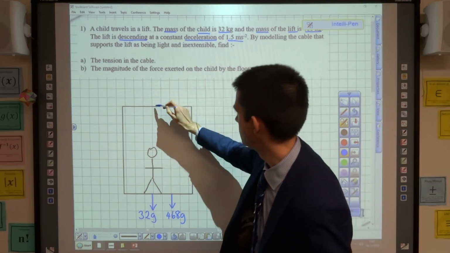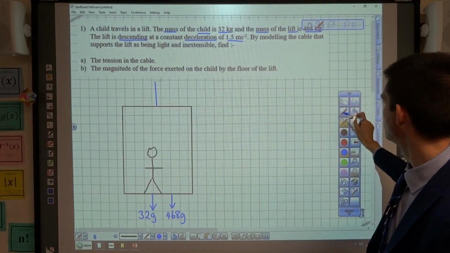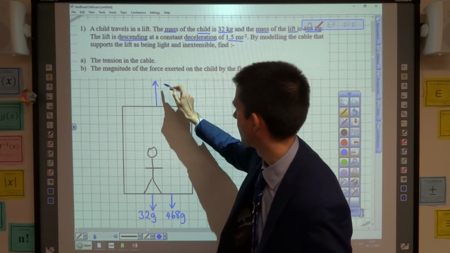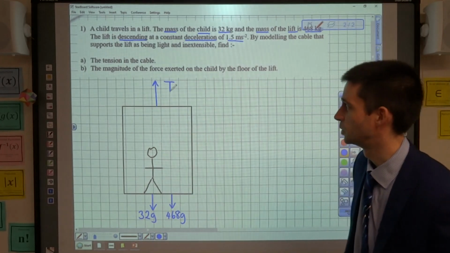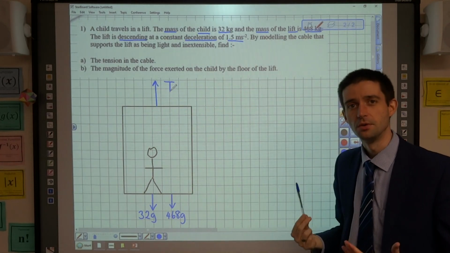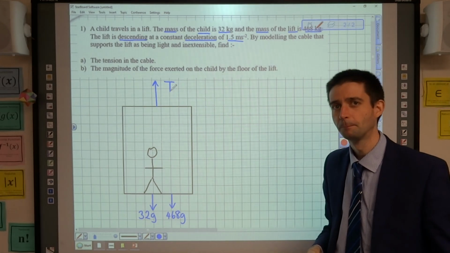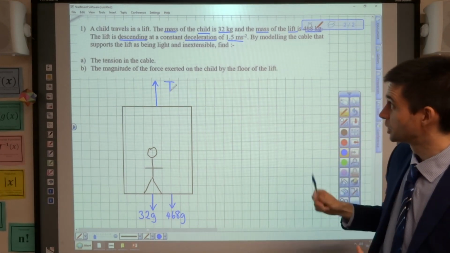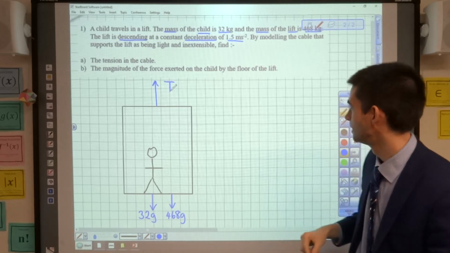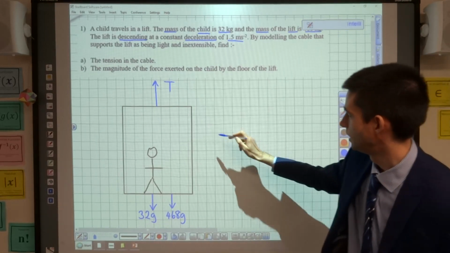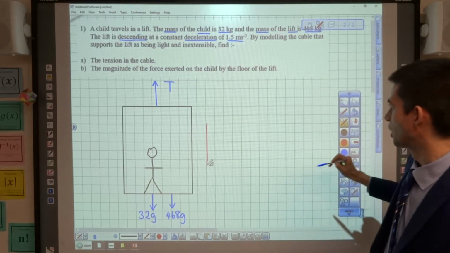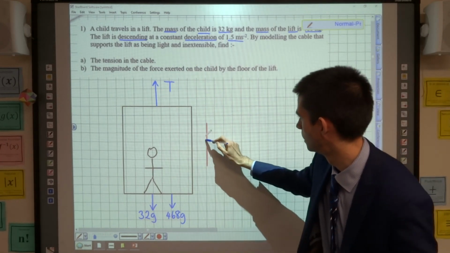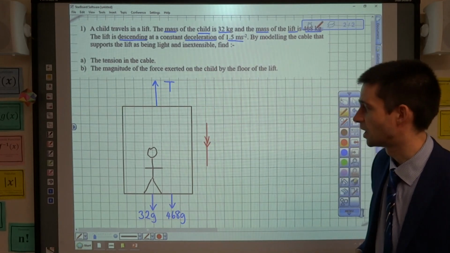We have the lift being supported by a cable, and in that cable there is a tension force which we'll label T because we don't know the value of that tension force at this point. What we also have is that the lift is descending, so I'm going to draw a direction of motion arrow here to the side of the diagram.